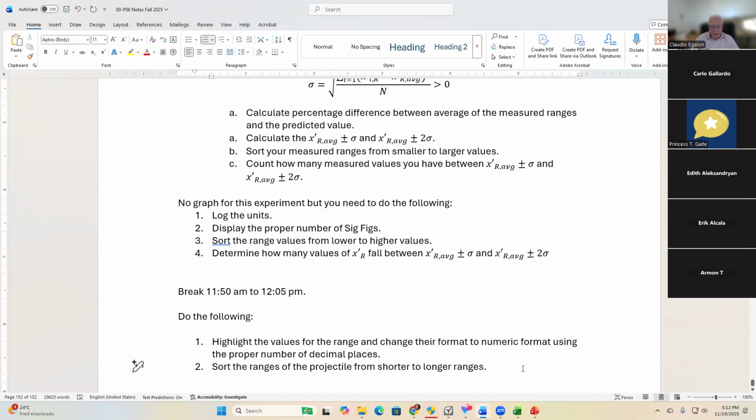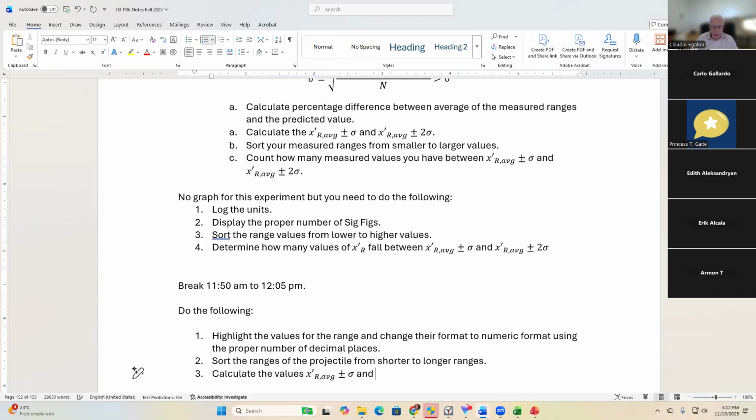3. Values x prime plus and minus sigma, right? Calculate the values and see where they fit in the table of ranges, right?